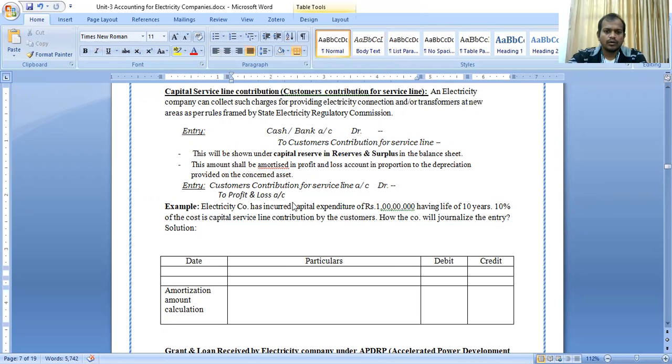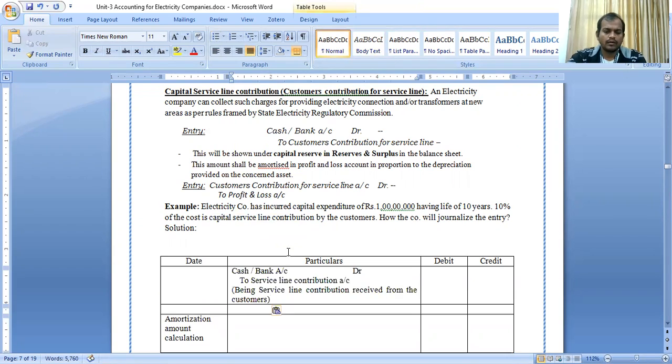How much is it? 10% of the cost, nothing but 10 lakhs.